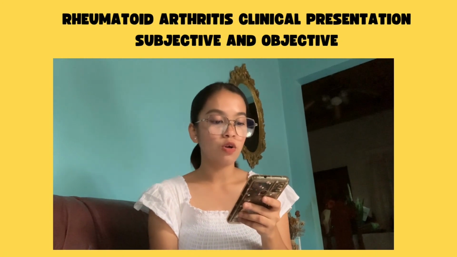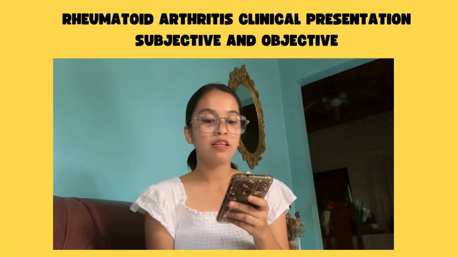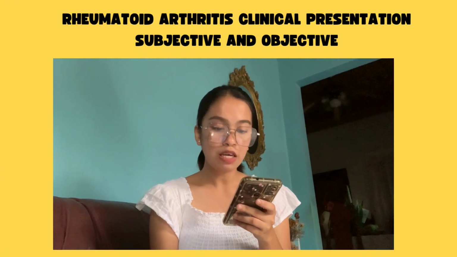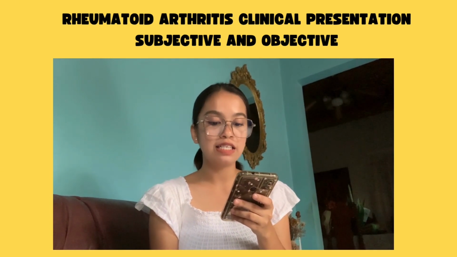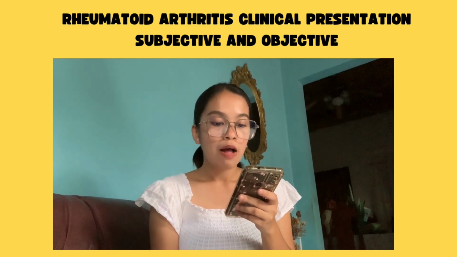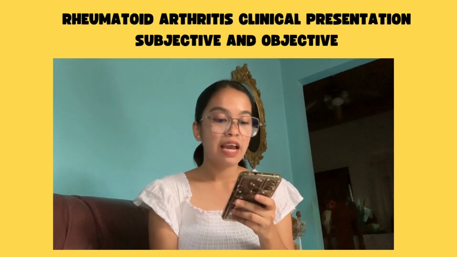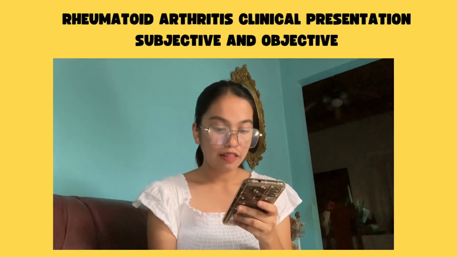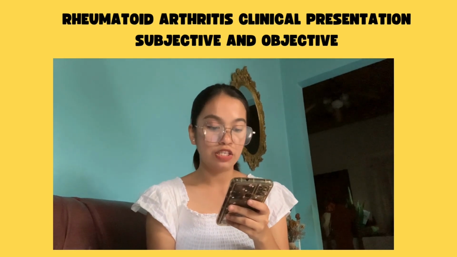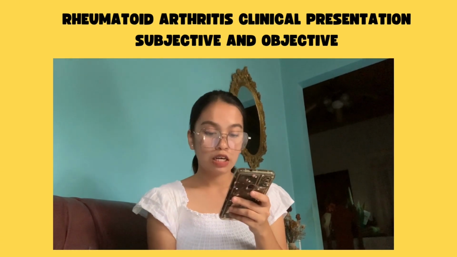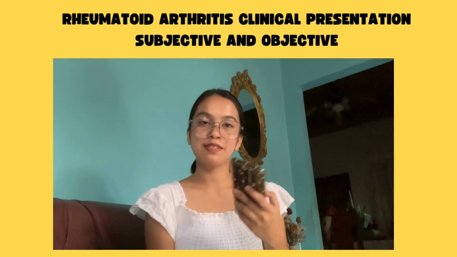Her laboratory results show elevated ESR and CRP with high titer RF, strongly positive anti-CCP, and mild normocytic anemia. ANA is negative and the findings are consistent with early stage seropositive rheumatoid arthritis.